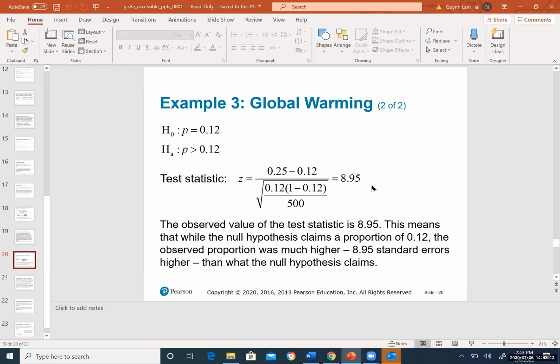So when you look back at chapter 6, you find probability under the normal curve. The maximum for Z, for positive Z to the right side, should be about 3.49, right?